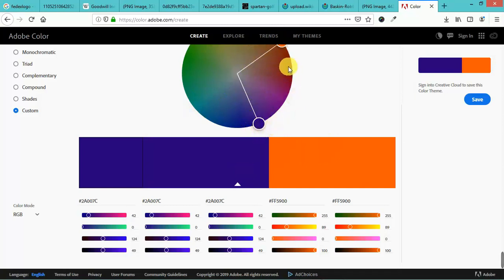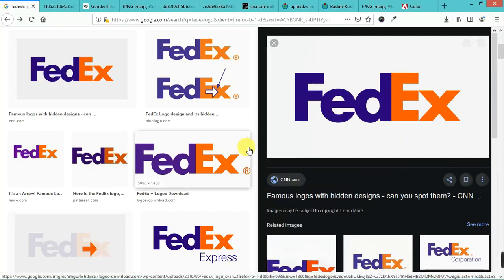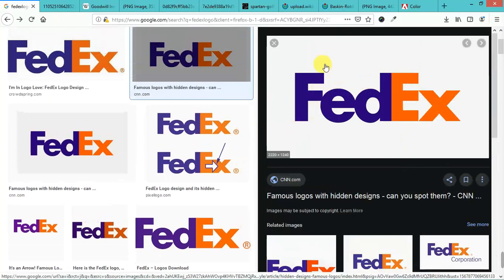They are complementary colors of the same shade, and they work pretty well together. These are two colors that are a little bit difficult to make work together, but in this logo, it seems to work. That's a famous logo that people seem to like.